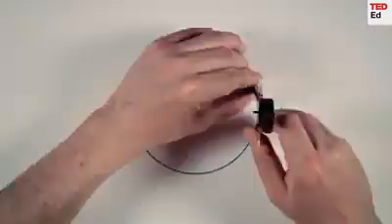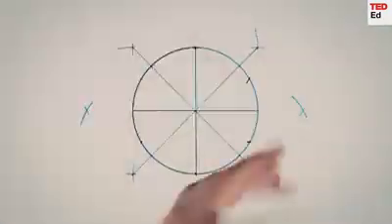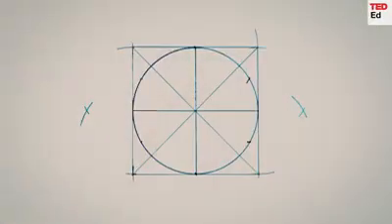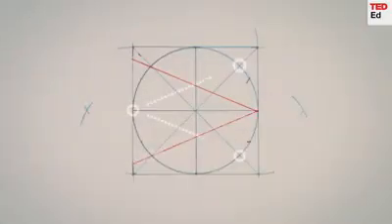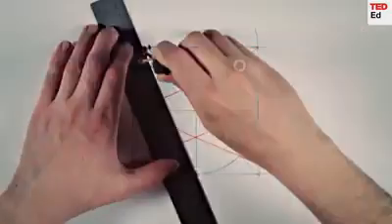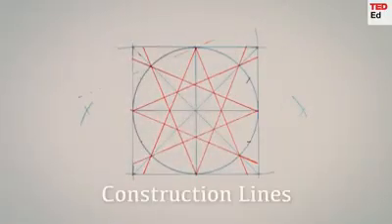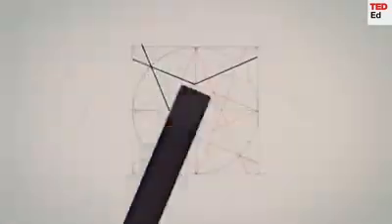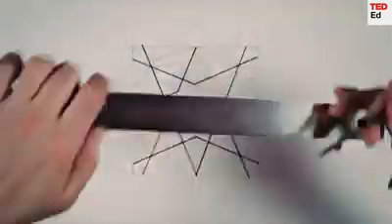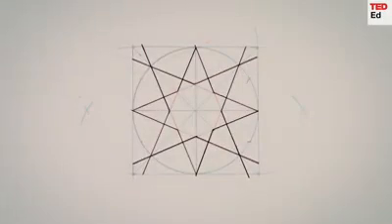We'll start with a circle within a square and divide it into 8 equal parts. We can then draw a pair of crisscrossing lines and overlay them with another 2. These lines are called construction lines, and by choosing a set of their segments, we'll form the basis of our repeating pattern.